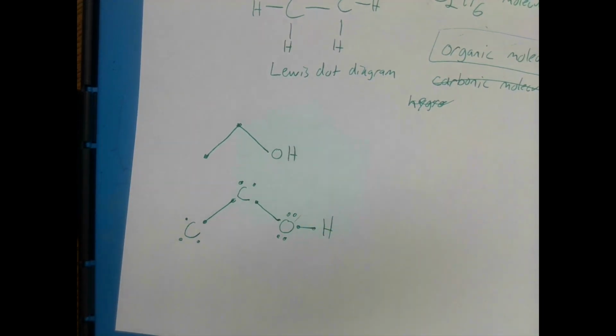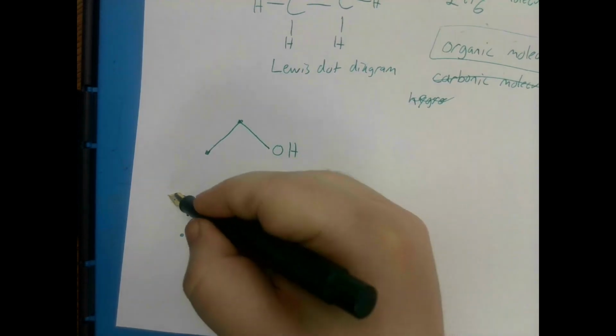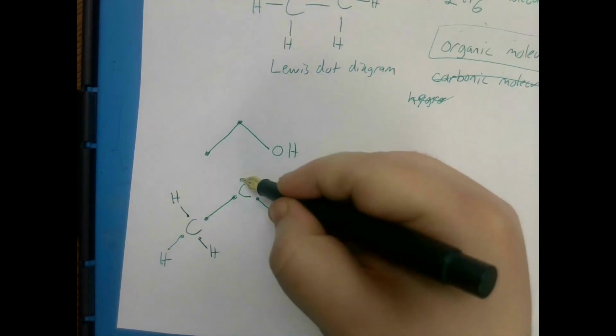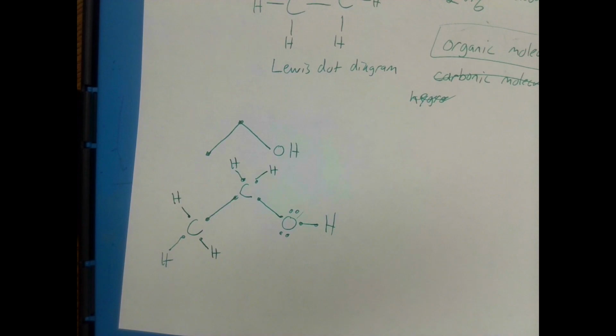Hydrogen has 1. For every one of the carbons, we need to add hydrogen to complete its octet. And that's it.